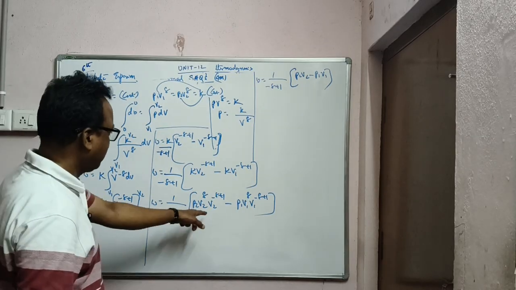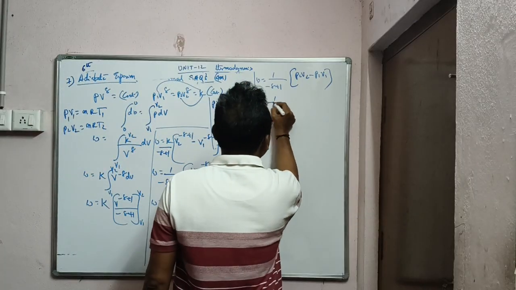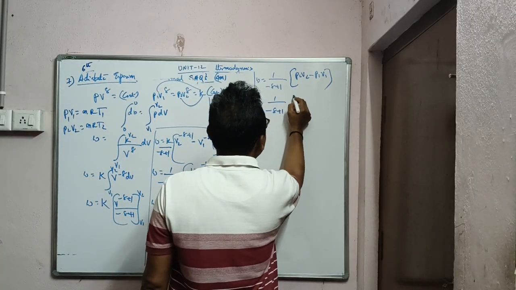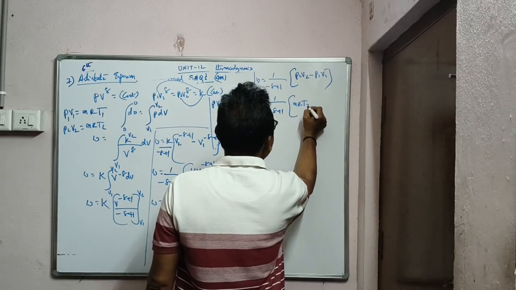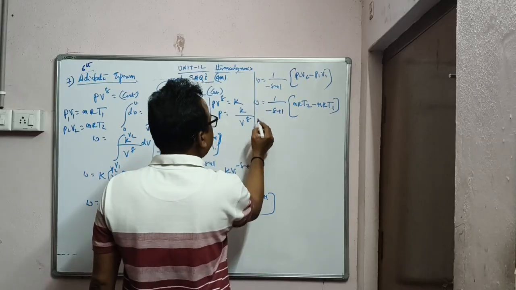Utilize this formula here. P2 V2 becomes nRT2. So 1 by minus gamma plus 1 into nRT2 minus nRT1, and this is work done.